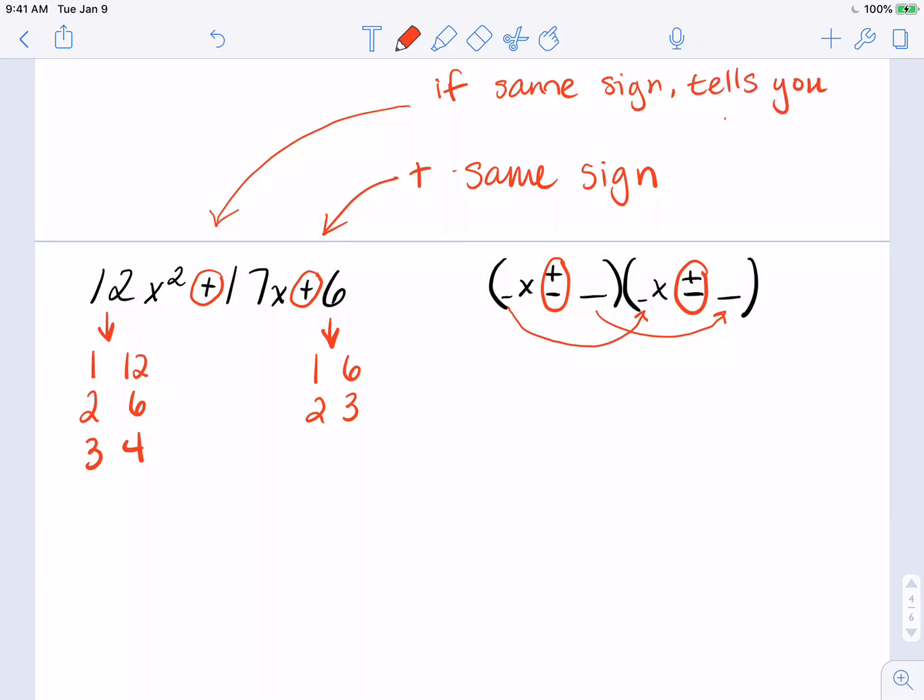If this sign is different, or if it's a minus, it tells you that it's different signs. Because a positive times a negative is the only way you're going to get a negative. If it's a negative times a negative or a positive times a positive, you're going to get a positive.